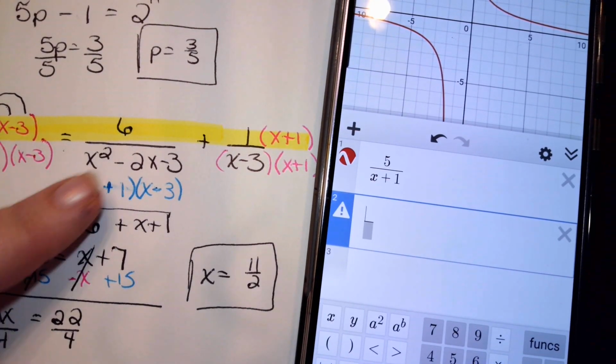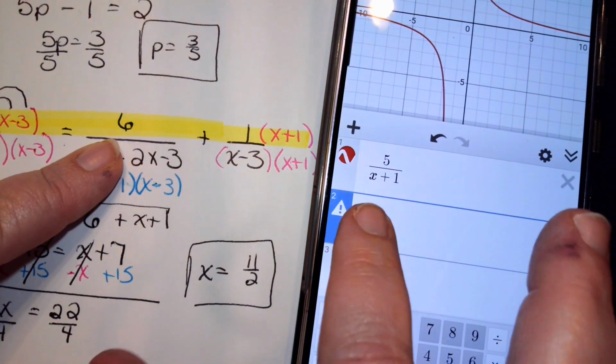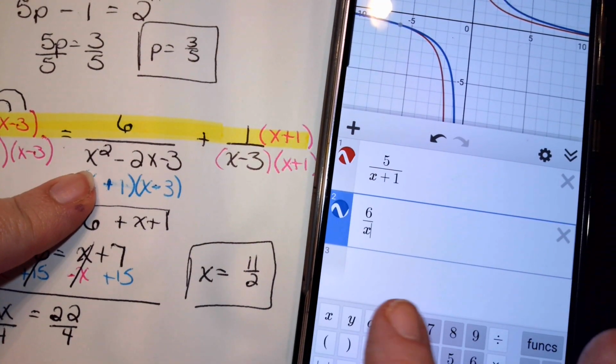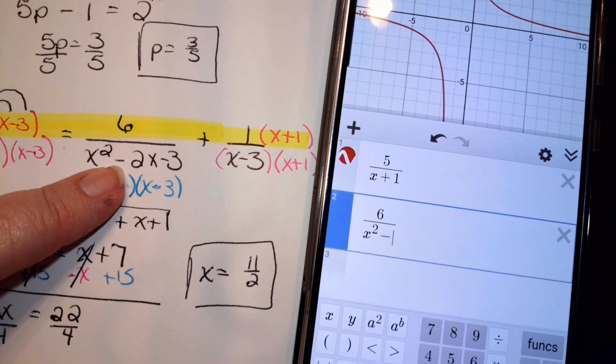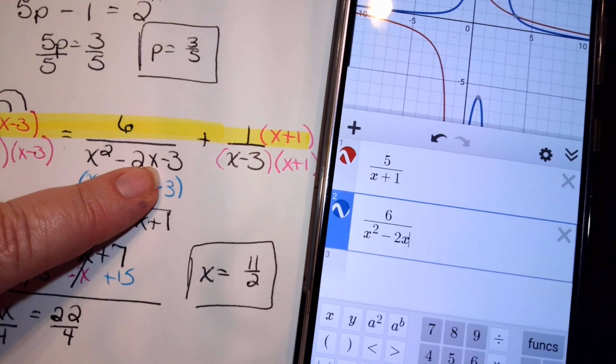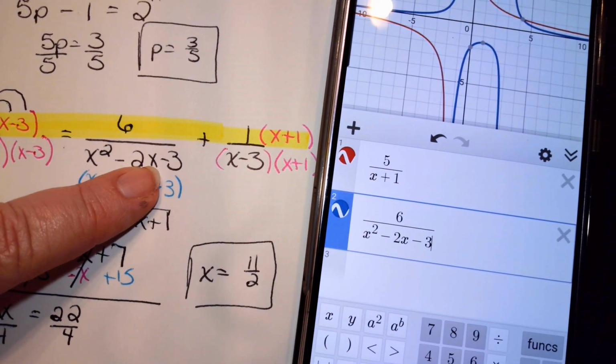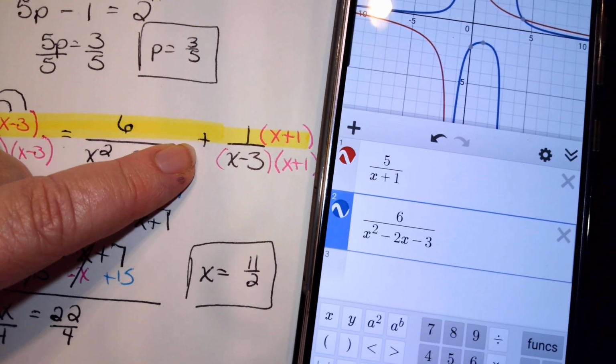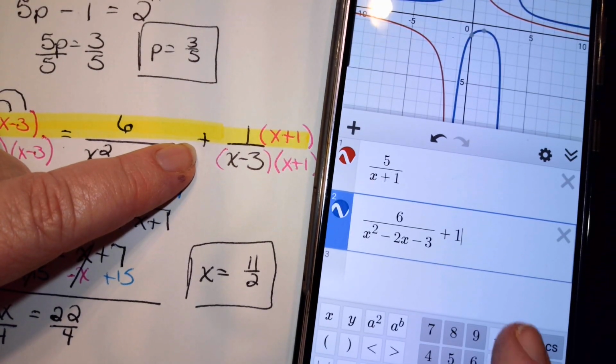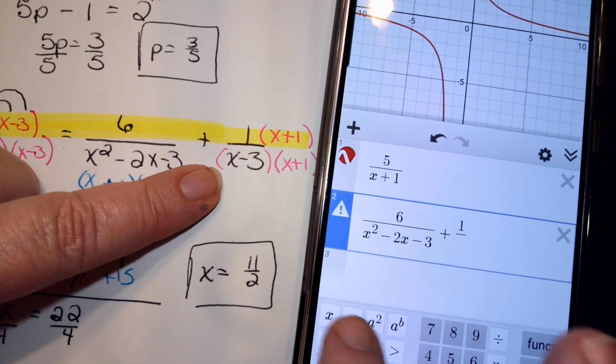For the right side, we've got 6 divided by x squared minus 2x minus 3, cursor to the right, plus 1 divided by x minus 3.